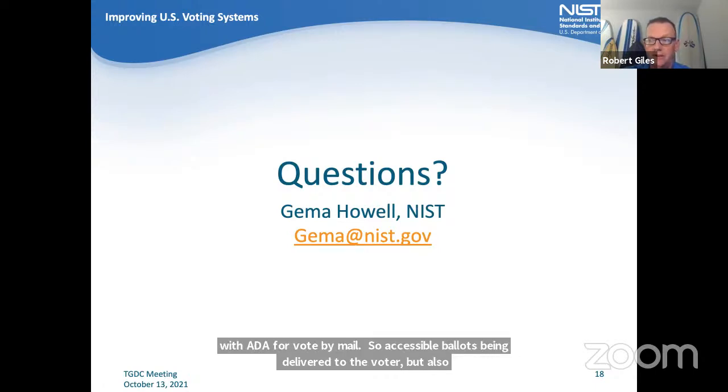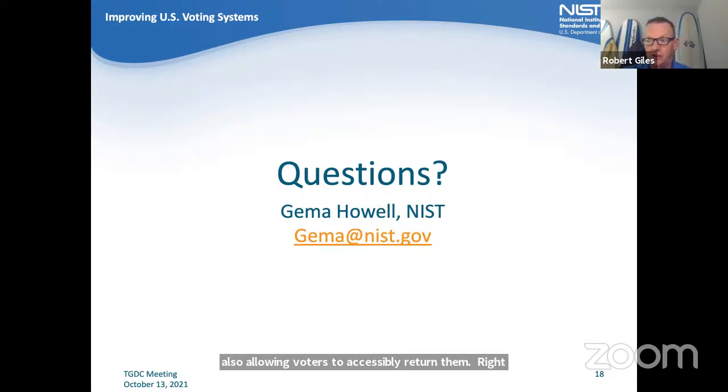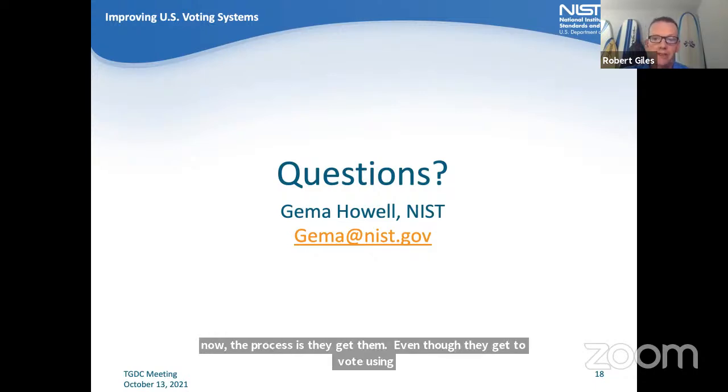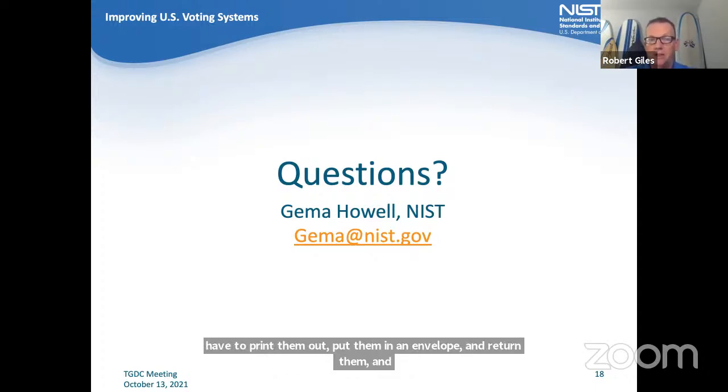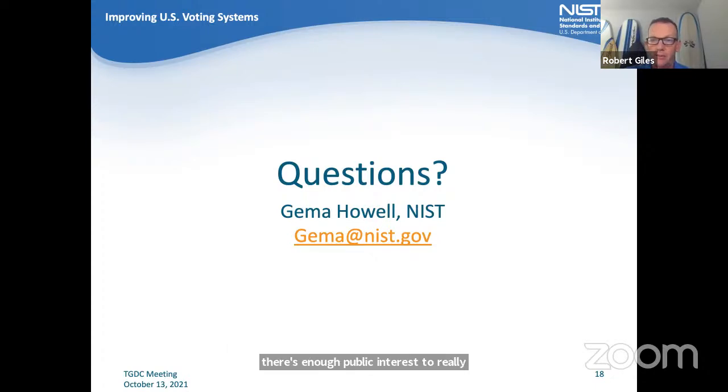And right now the process is they get them, even though they get to vote using their assistive device, they still have to print them out, put them in an envelope and return them. And that's where it changes from being accessible to no longer being completely accessible. So I think it's really critical, and I think the time is right. And I think there's enough public interest to really put this as a priority topic. So thank you.